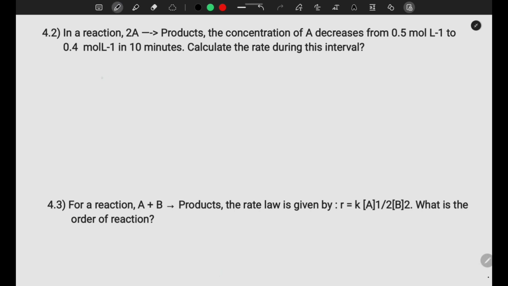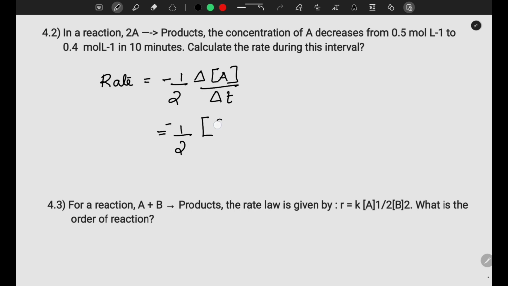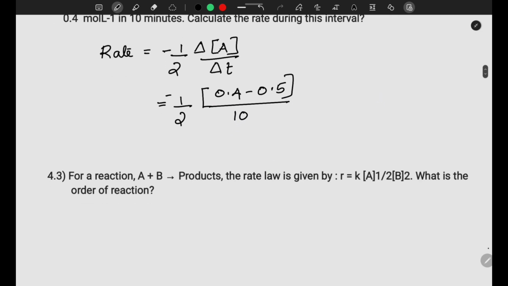So rate is equal to, here the coefficient is 2, so we can write minus 1 by 2 delta A by delta T. So that is equal to minus 1 by 2 into change in concentration, that is final minus initial, 0.4 minus 0.5, divided by change in time, that is time interval is 10 minutes.